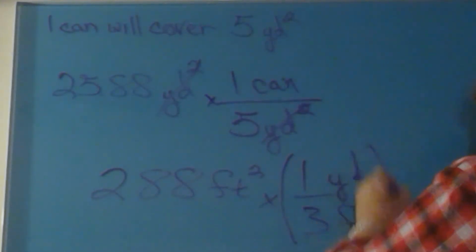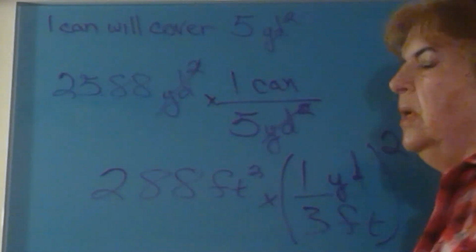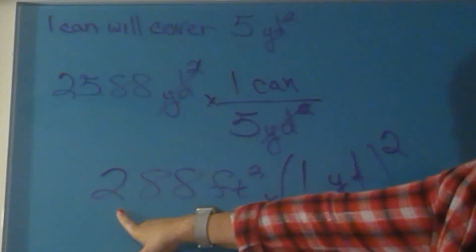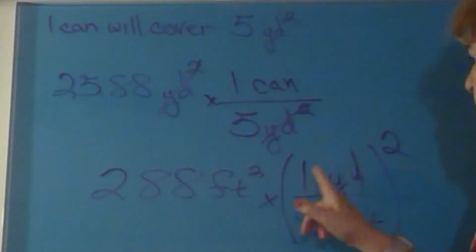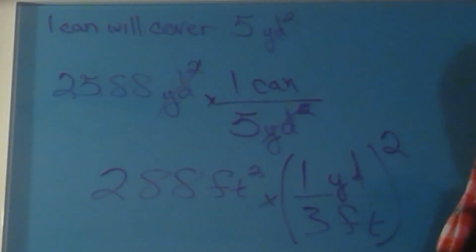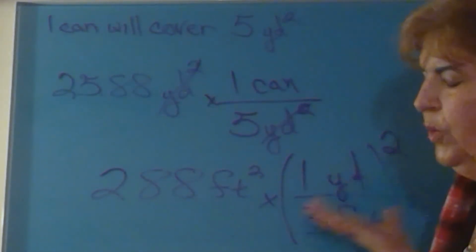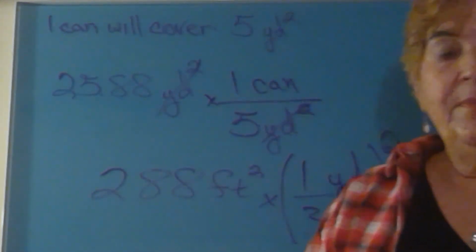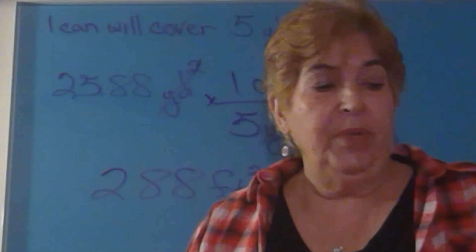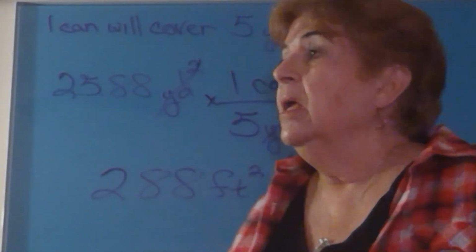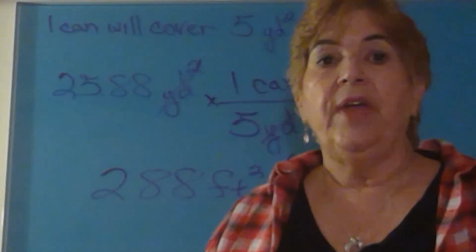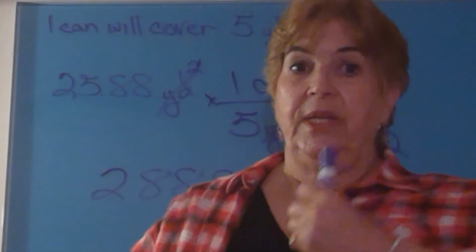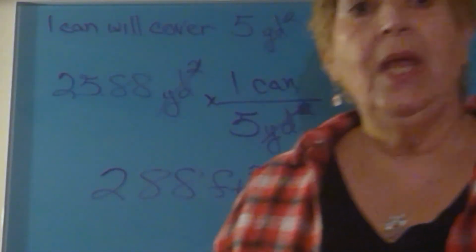You could square this. The only thing is, when you put that in the calculator, you better put in 288 divided by 3 squared. Of course, you could probably, hopefully, do that in your head and come up with your dividing by 9, but they're not always going to be that easy to do in your head. So I wanted to show you that. If you have cubic units, you have to do it 3 times to get rid of all of them.